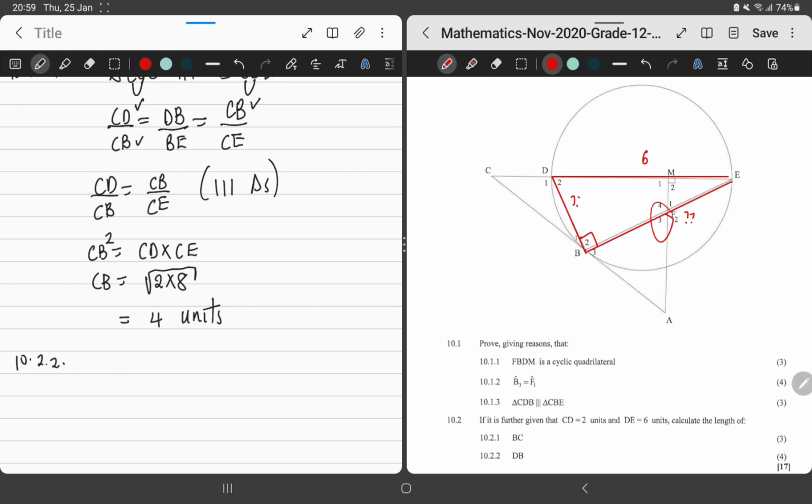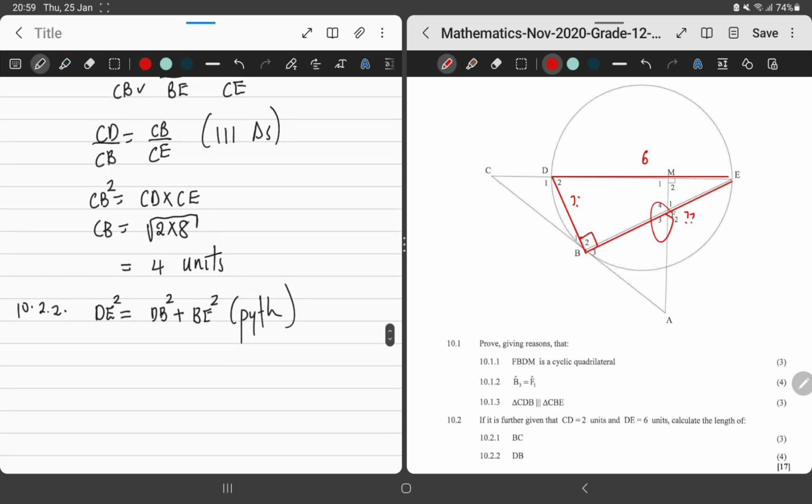Let me just do this first. So I know that DE squared should be equal to DB squared plus BE squared. And this is because of Pythagoras. DE, that's 6 squared, which is equal to DB squared plus BE squared.